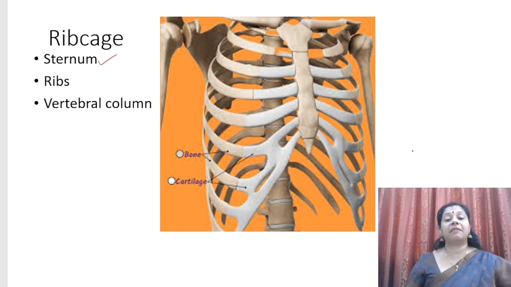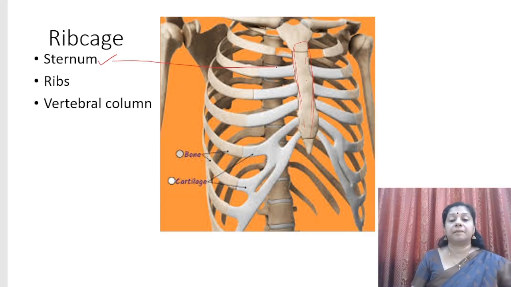Sternum is a flat bone in front of our body, that is the ventral side in the chest region. And we have the ribs on both sides. They are paired structures. The ribs are attached in front to the sternum. Dorsally, they are attached to the vertebral column.